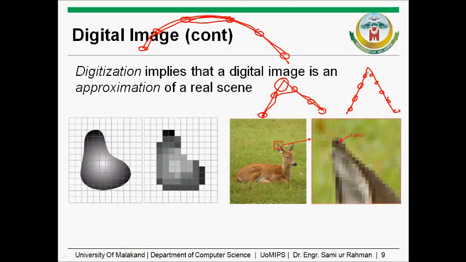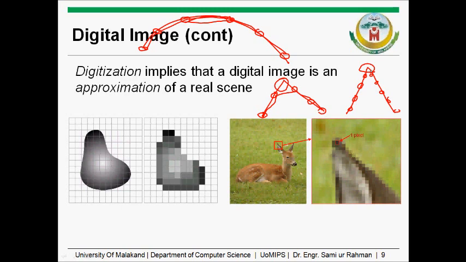So in this image, I will lose only this curve. But if I take more samples, then maybe I will further increase my approximation, and I can get closer to the actual real continuous scene. But then the drawback will be that I will have more samples.